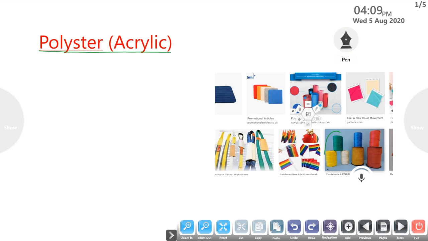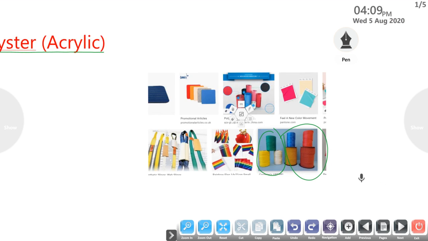Here you can observe tags we are using for sewing purposes in the preparation of dress materials, and here we can also observe some designing materials. They are made of polyester. Badges and ties are also prepared from polyester.